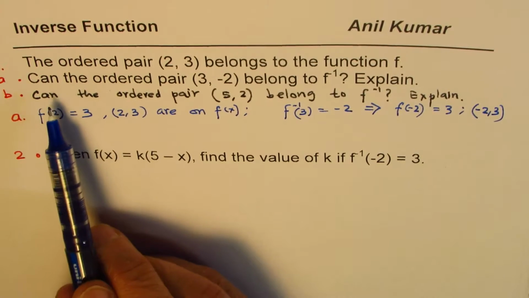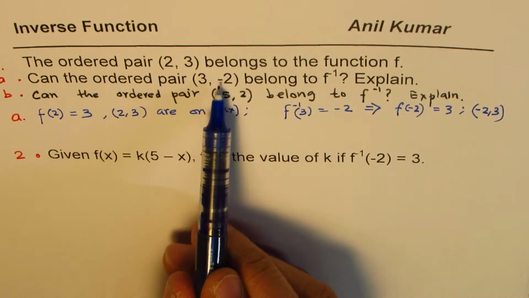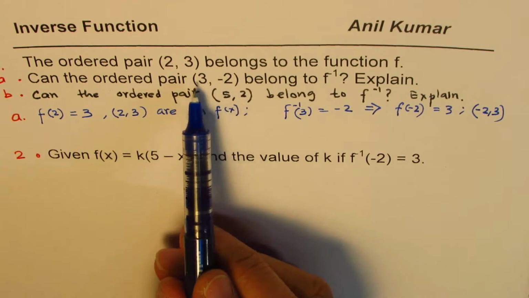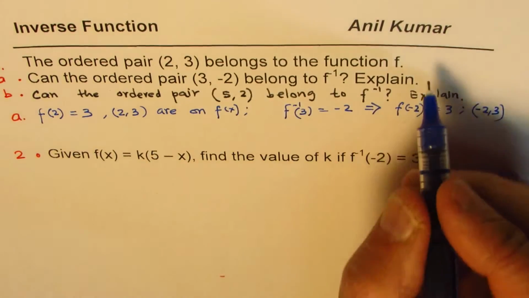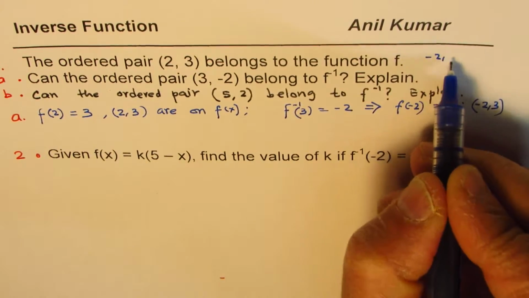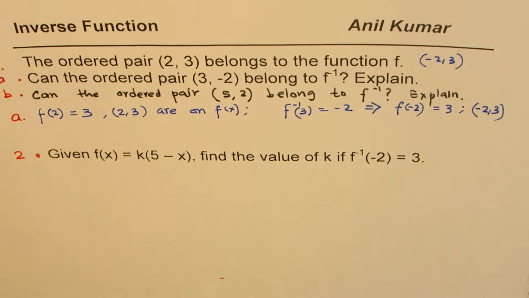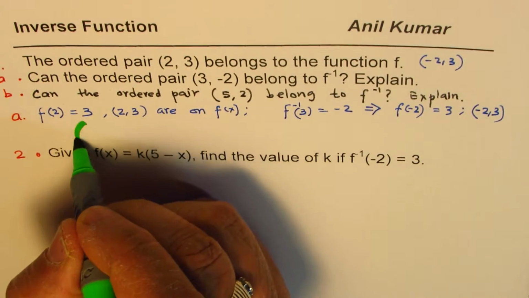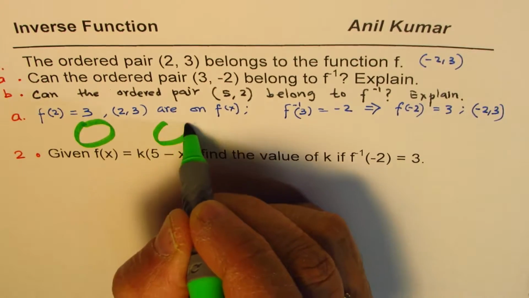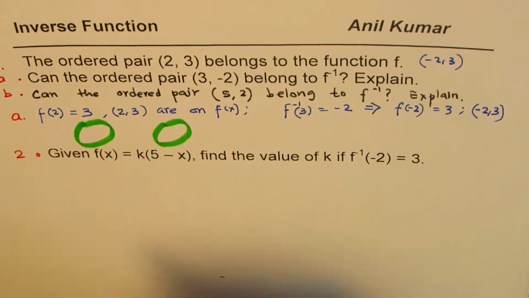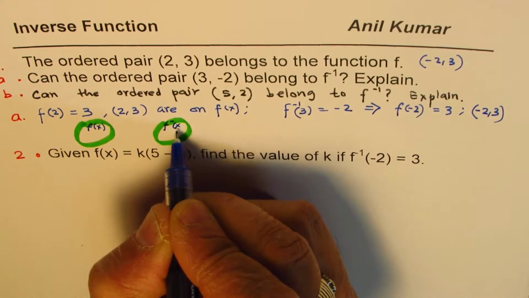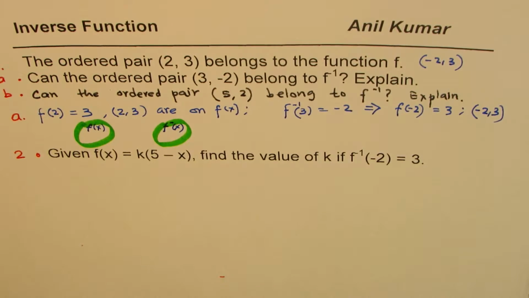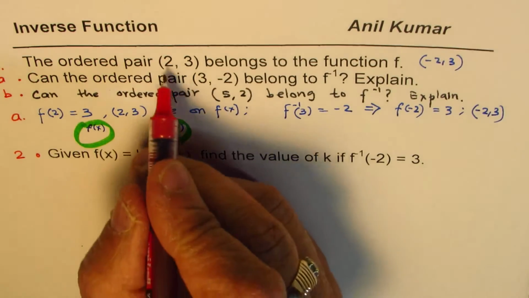So the first condition is, can the ordered pair (3, -2) belong to f inverse? If it does, then on the function we get the point (-2, 3). Do you see that? Think like this. We are talking about two groups. We have the function, and this is the inverse of that function. On the function we are already given a point which is (2, 3).